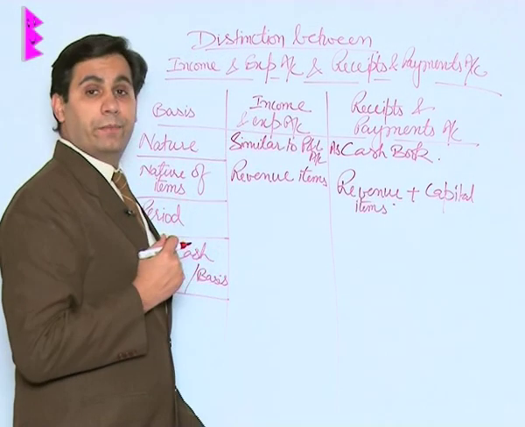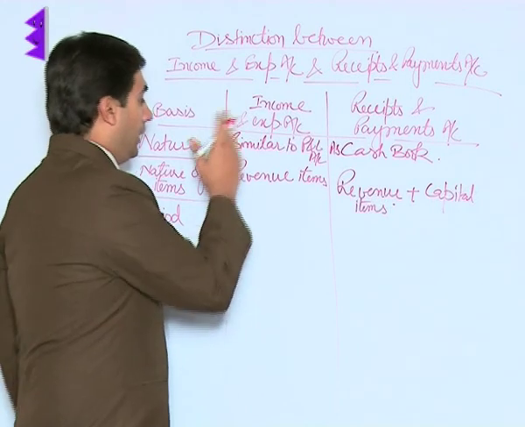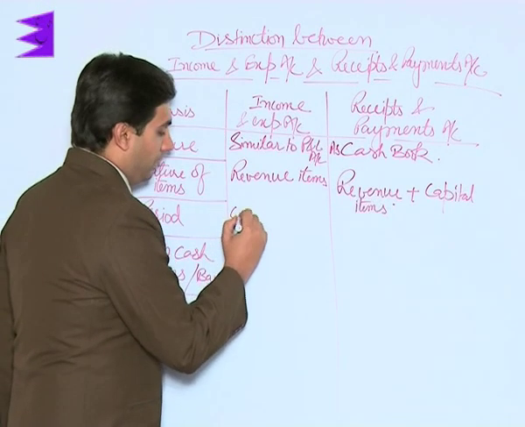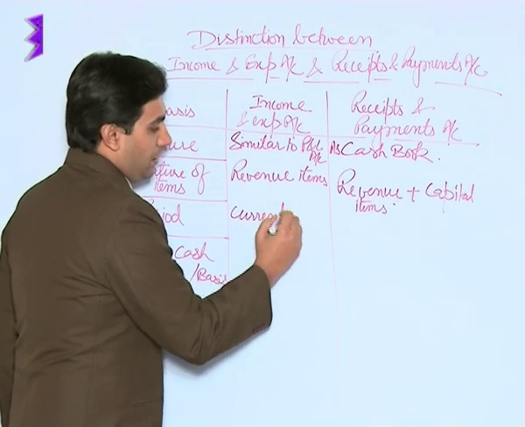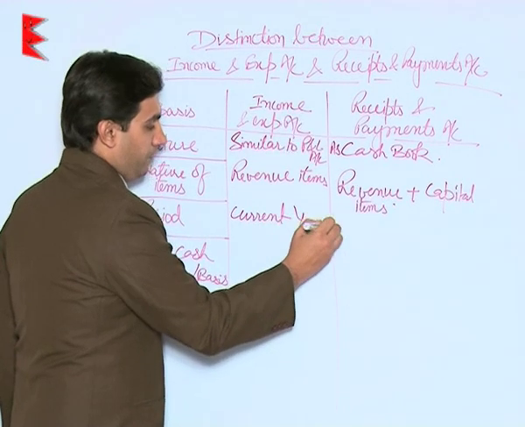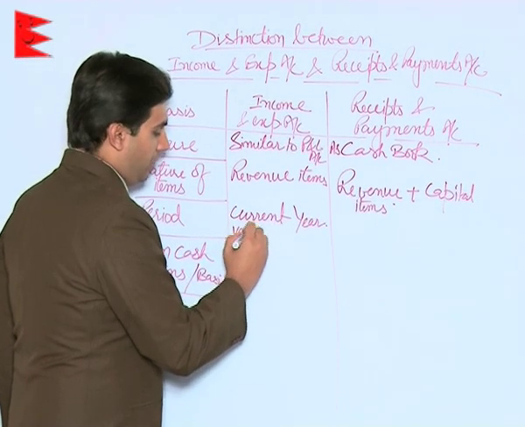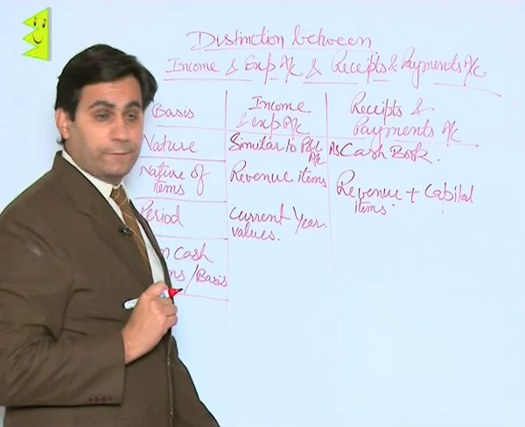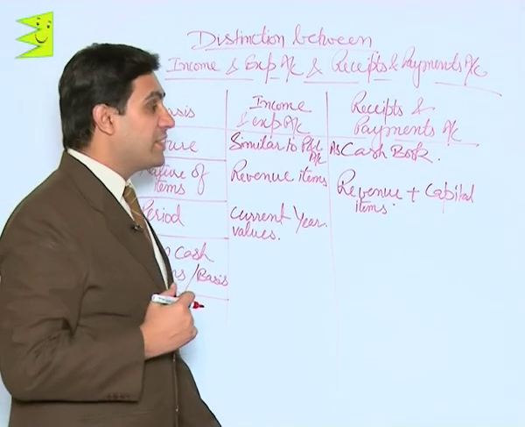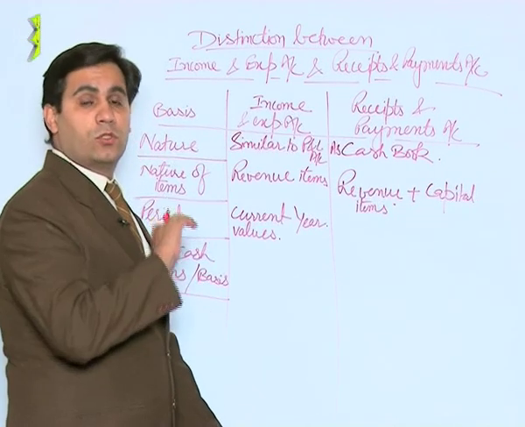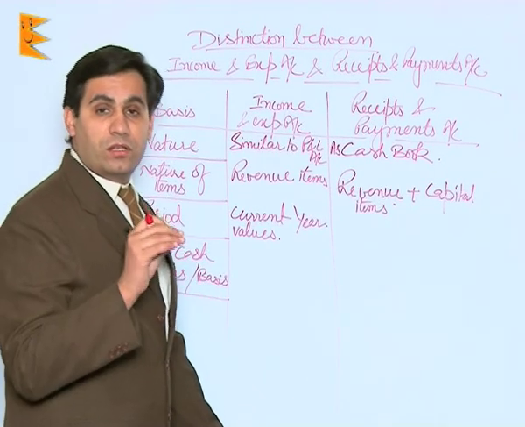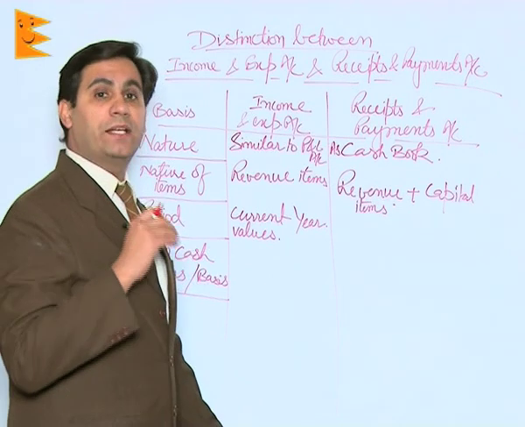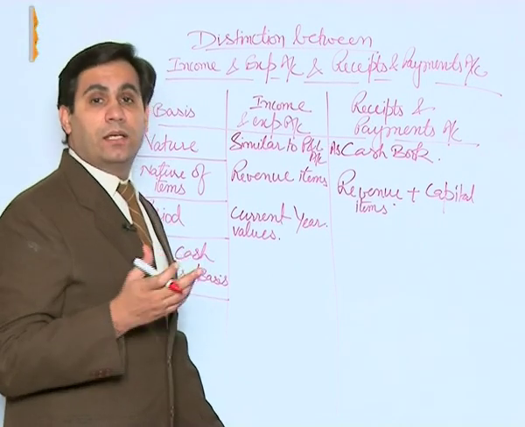Then we have period. Income and expenditure account is prepared only for current year, and the values are also of current year values, whether paid or not paid. Whereas receipts and payments account, there is no botheration of the time period, whether it is current year, previous year, next year.